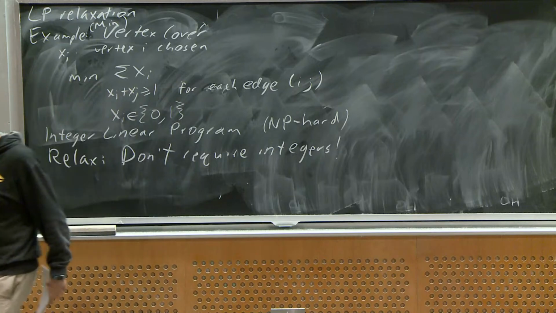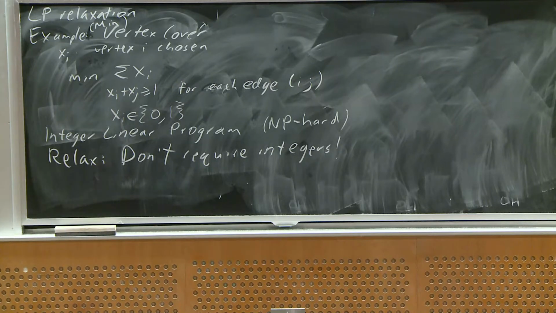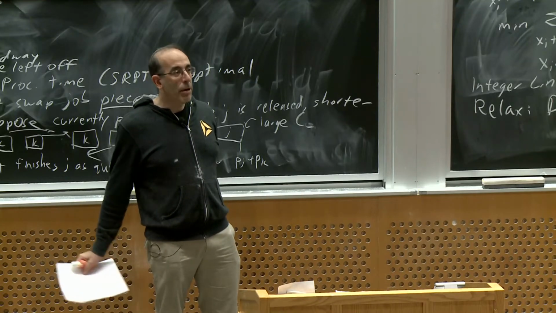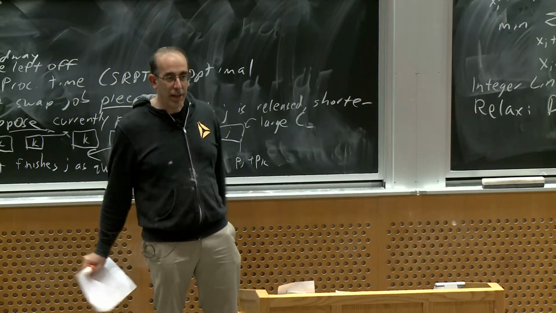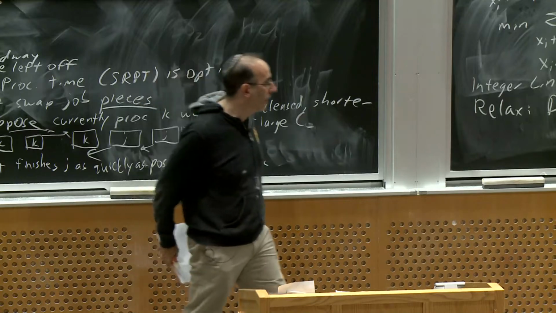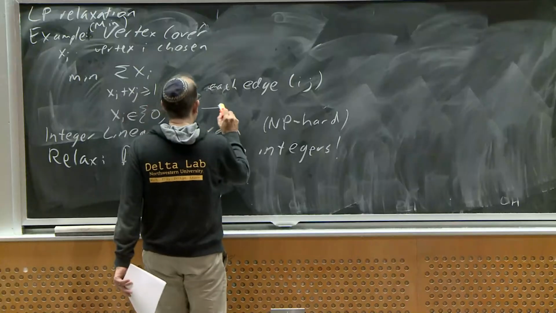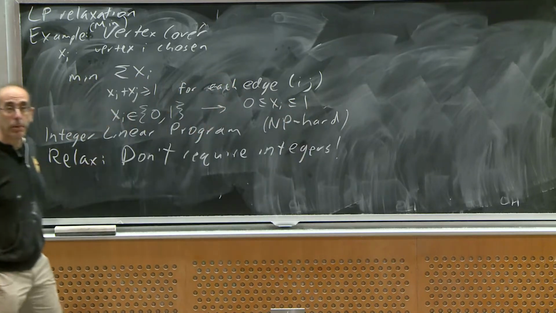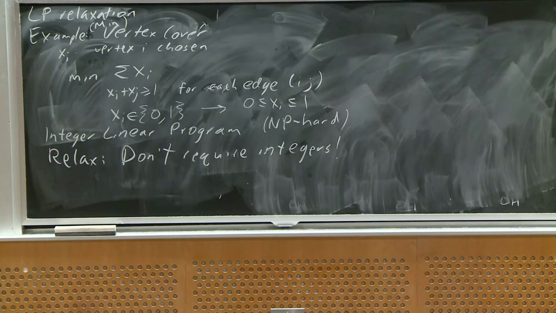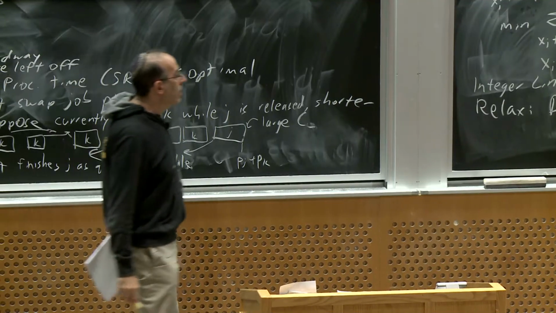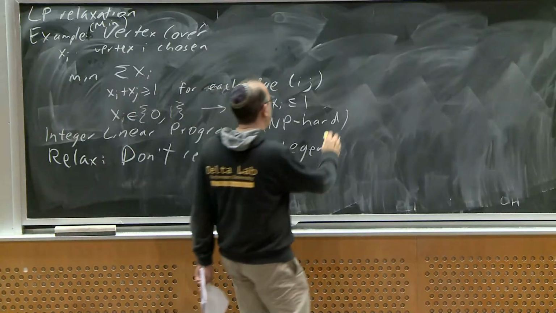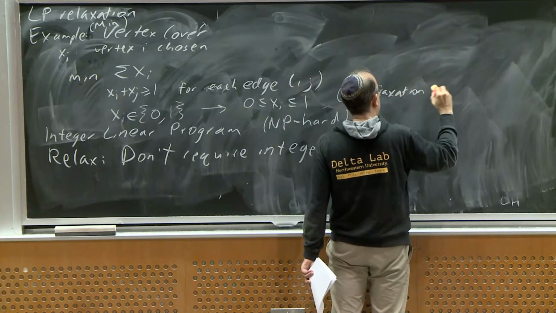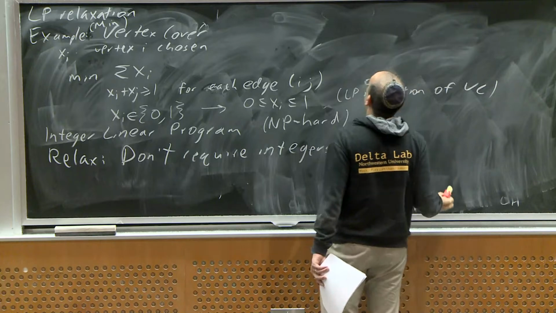And that's why this is a good approach: if you take the integer linear programming formulation, you don't have to think about what the relaxation is. It's staring you right in the face. Just remove the integrality constraints. So we replace this with just a requirement that x_i be between 0 and 1. And this is now the LP relaxation of the vertex cover problem.